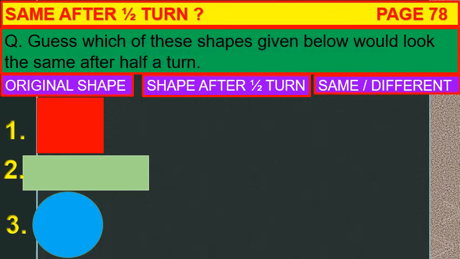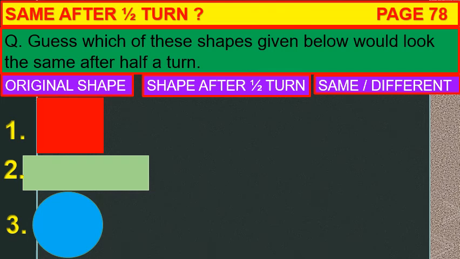Open to the topic Same after Half Turn, page number 78. Some shapes are given below. You have to make a half turn of all these shapes and then check whether the original shape and the shape formed after a half turn are the same or different.